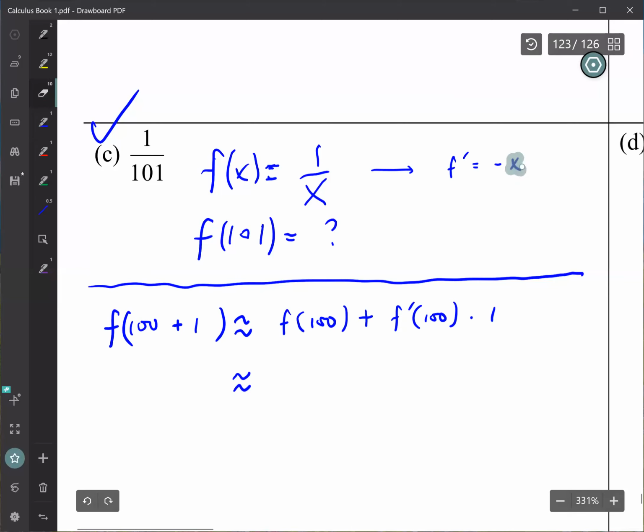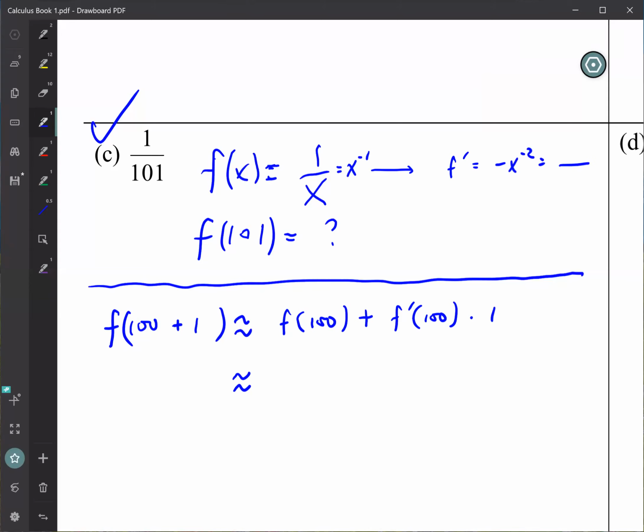Can you tell me what to write? You can change 1 over x to x to the power of -1, right? So the derivative would be negative x to the power of -2, which is the same as -1 over x squared. So you have to use that for your f prime.